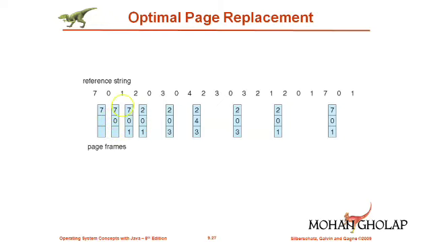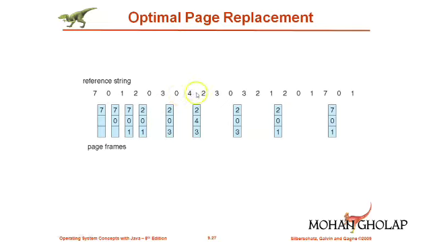Here 2 0 1 are the present pages in the frames. After this you have to check which page is going to be used last in the future. So in 2 0 1, 0 is used immediately, so we will not consider this for replacement.